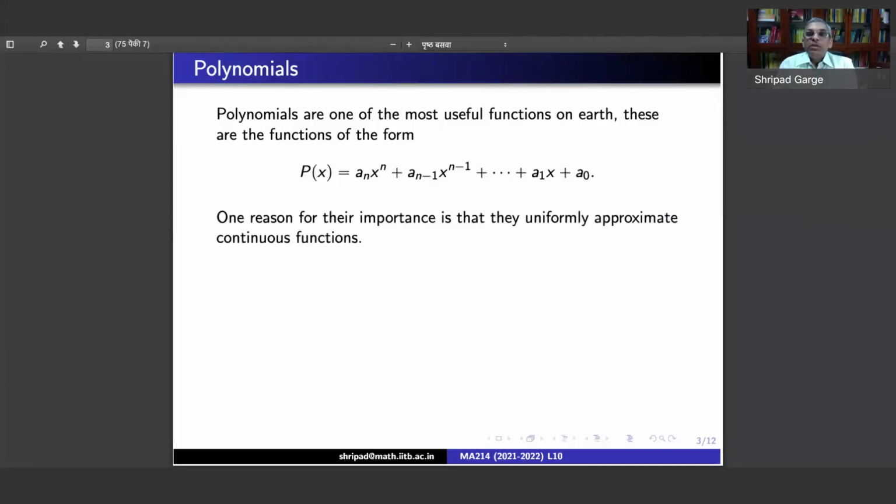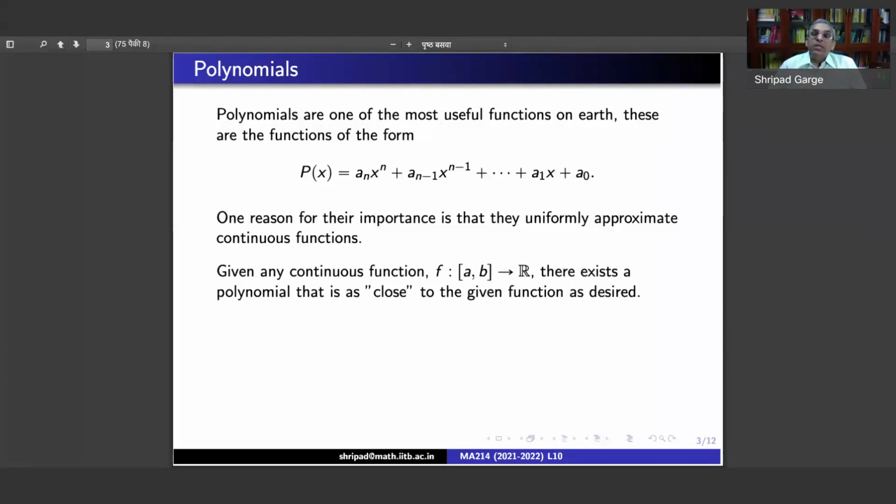Why are polynomials important? That is because they uniformly approximate continuous functions. What it means is that whenever you have a continuous function from an interval [a, b] to real numbers, there is a polynomial which is as close to the function as you want.